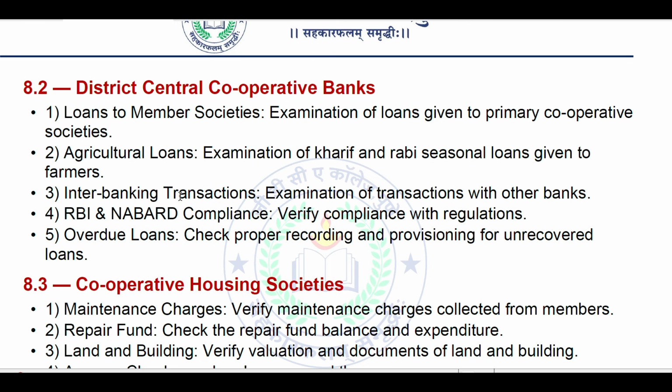Number 3, internal banking transactions: examination of transactions with other banks. 4, RBI and NABARD compliances: verify compliance with the regulations. Number 5, overdue loans: check proper recording and provisioning for unrecovered loans.